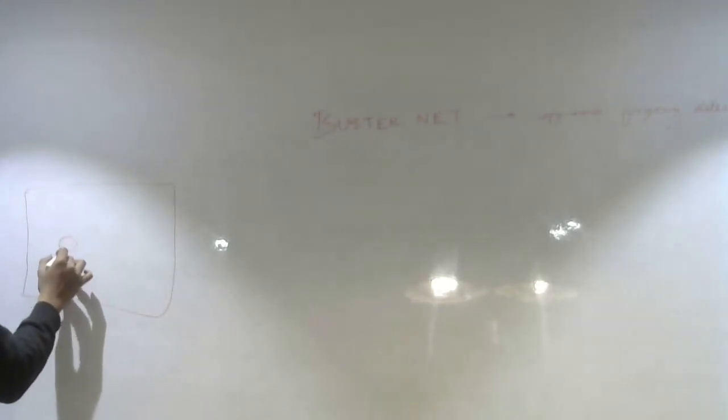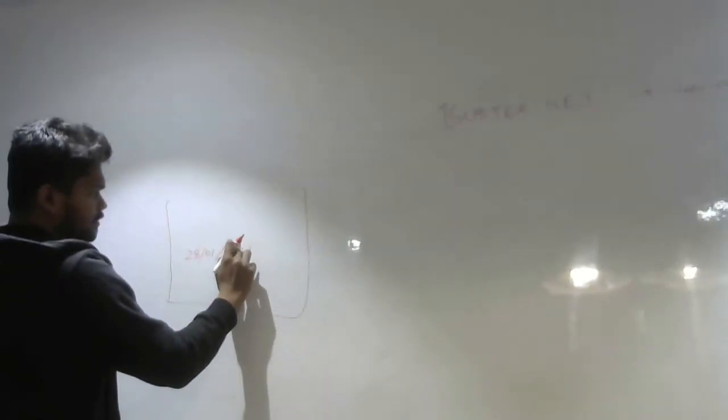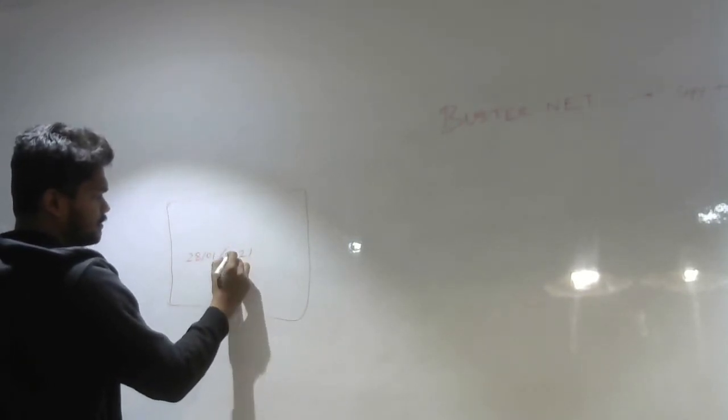So what I exactly mean is, given an image, see there is a date of birth, 28/01/21. So what I do is I copy this and place it here using Photoshop.